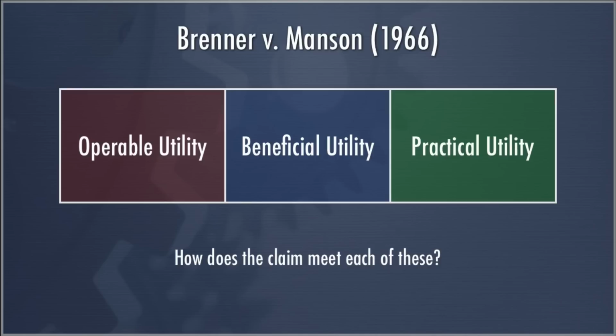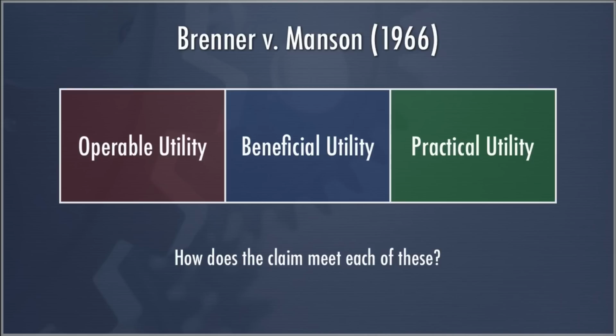What the patentee argues in Manson is that as long as the patent is operating for its intended purpose, as long as it's operable, that really is the only requirement. And here this is clearly operable. The patent is for a method of manufacturing, and it clearly works to make the compound in question.